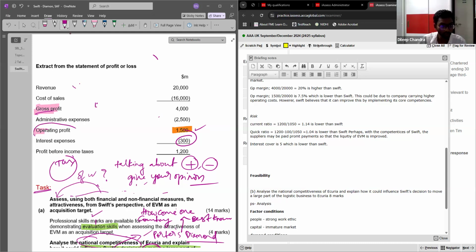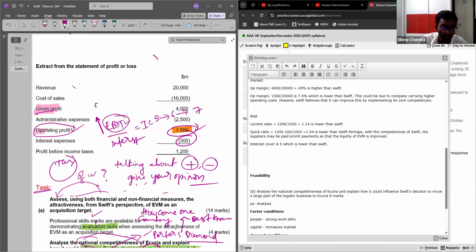So this is the element we have used in EBIT, right? EBIT by interest. This 1500 we have used over here. If this number is a bigger one, we would have got a bigger interest cover, right? Maybe from 5, it would have gone to 6, maybe 7.